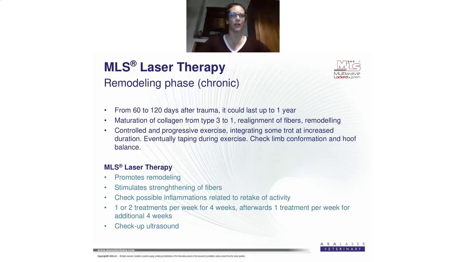This is a very important point in the rehabilitation of the horse, because if we start too early in a strong activity, we can have again an inflammation of the structure. So we can control this inflammation each time after an increase in load of work.